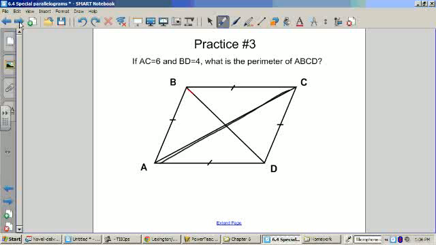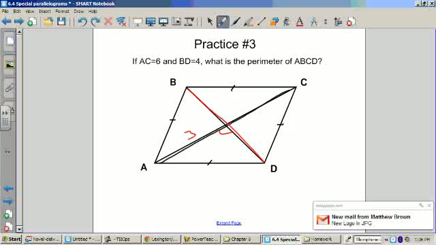BD is 4, so the smaller diagonal is 4. Because this is a rhombus, I know it's a rhombus because I have all the tick marks, all 4 sides are congruent by definition. That means that the diagonals must be perpendicular. I have a right angle.